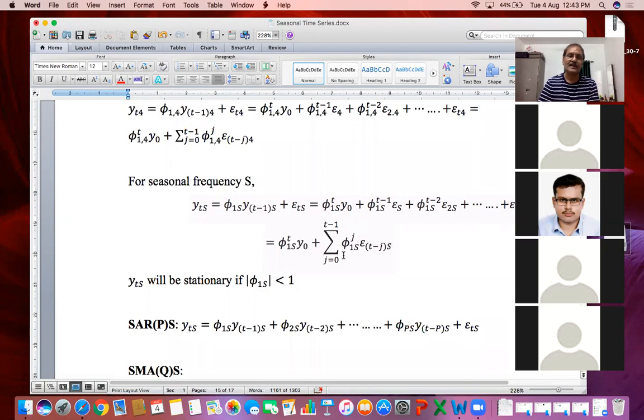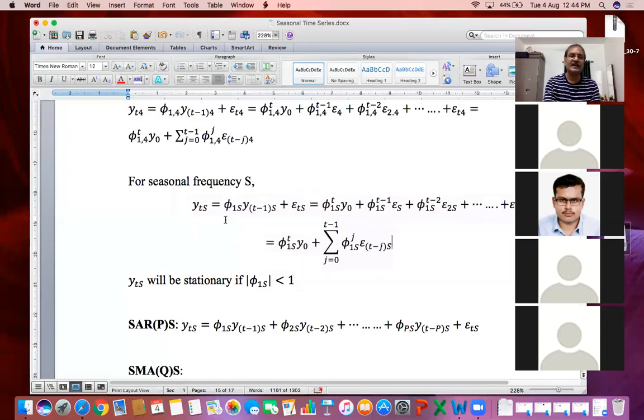Now, let us remember the concept of stationarity. The process will be stationary when it is converging towards its long run average. And it will be converging only when this component tends to 0 as t tends to infinity.